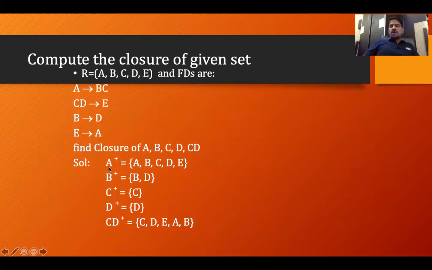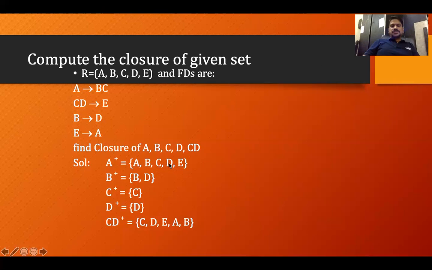So with the A, how many attributes we can reach? With the help of A, we can reach A, so we are putting A here. So A will be in the set. Now let's find out what A is determining. Yes, A is determining BC, so BC will also come into the list. Now B and C came. Can we find out what B is determining? Yes, B is determining D. So D is also coming in.